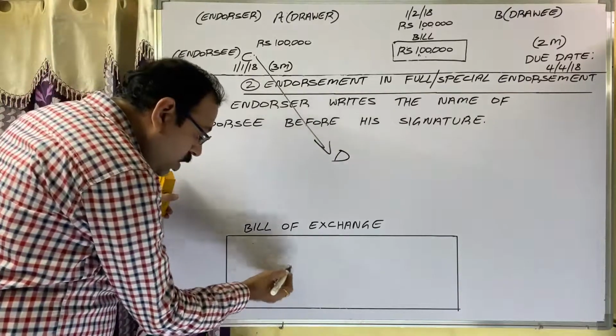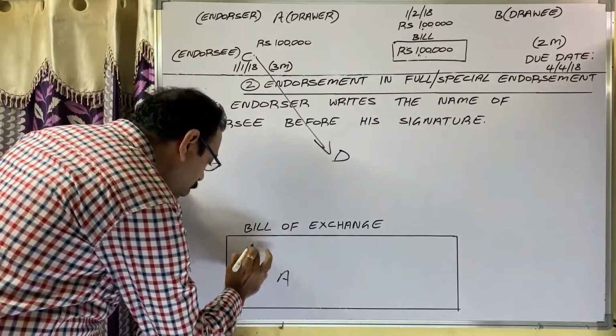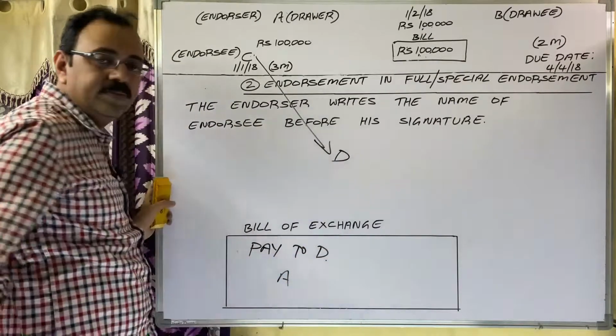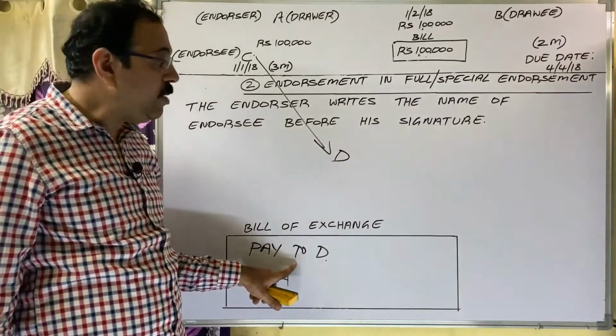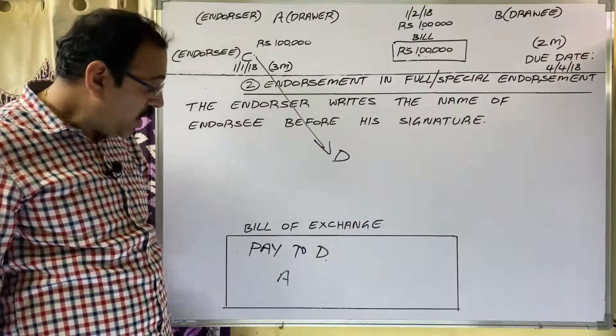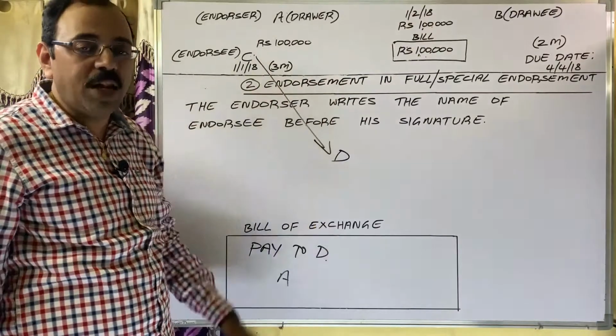And above A's signature, simply C wrote pay to D. Then what happened? This endorsement became an endorsement in full. Here on the due date, B has to pay the money to D only.